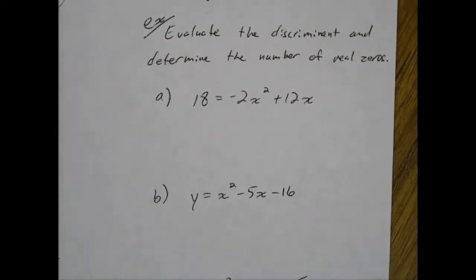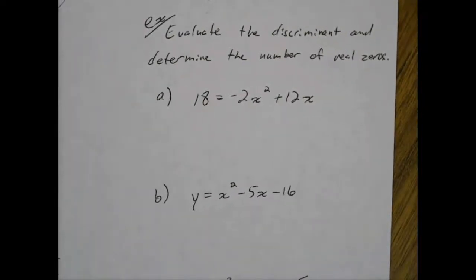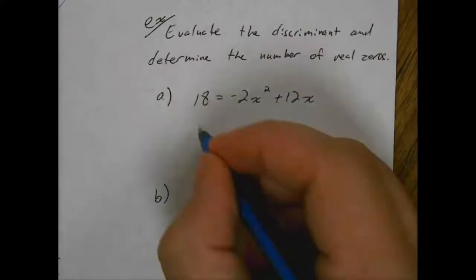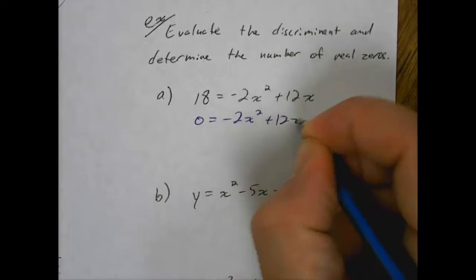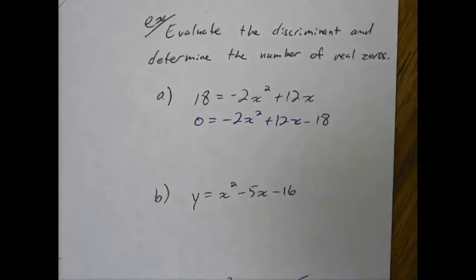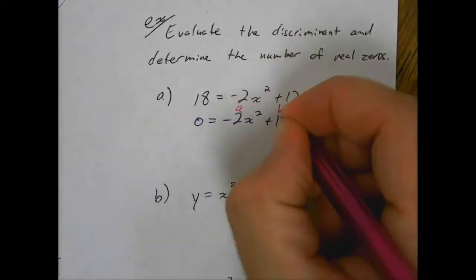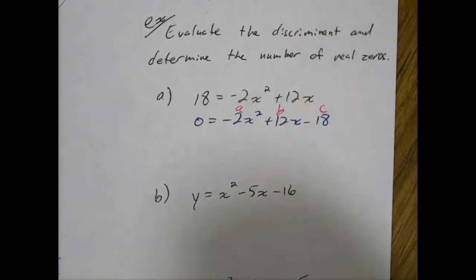It says evaluate the discriminant and determine the number of zeros. Well, just like our other ones, we need to get this equal to 0. So negative 2x squared plus 12x minus 18. We have a, b, and c. So the discriminant is just the b squared minus 4ac part.